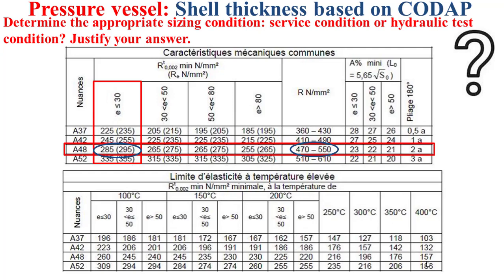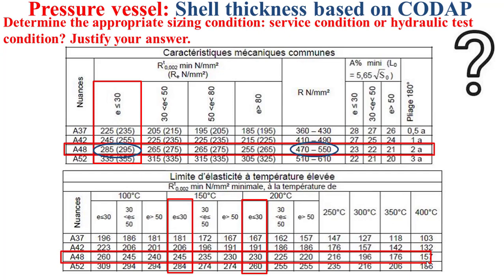close to the service temperature. So we have the steel A48, and I explained in the previous video that the service temperature is 170 degrees Celsius, between 150 degrees Celsius and 200 degrees Celsius.